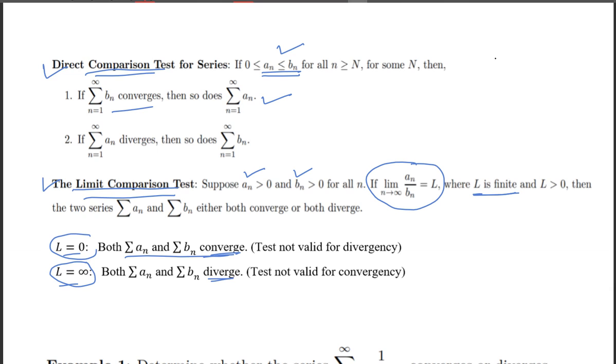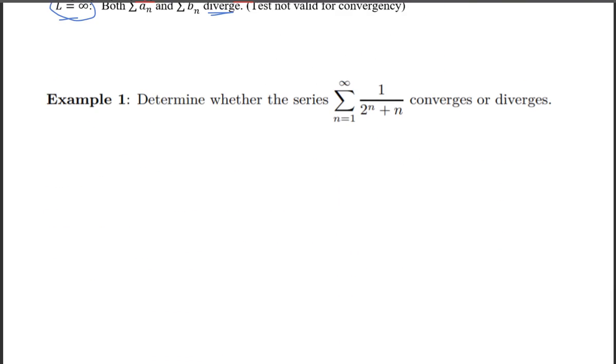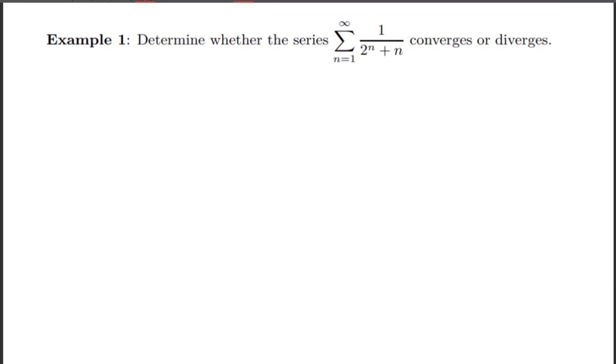Okay, so we'll do this by an example. Suppose we have one example. One series is given like this. Determine whether this series is convergent or divergent. So what we do, you have to test this series. We will take the help of either the p series or the geometric series. Keep that in your mind. So suppose this is your an. I am writing an is equal to the given series, 1 by 2 to the power n plus n.